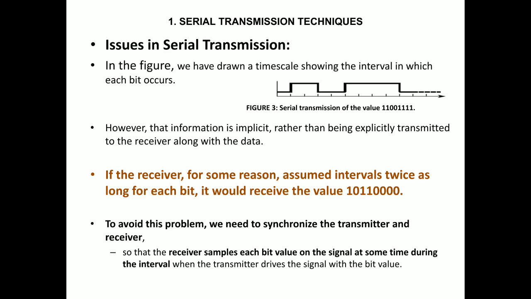For example, say it takes 1 nanosecond to transfer data and 2 nanoseconds to receive it, and assume 3 bits are transferred serially. The first bit is transferred at 1 nanosecond, and the receiver waits and receives the data till 2 nanoseconds.